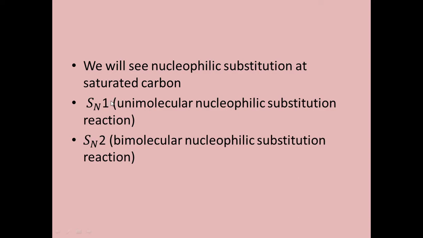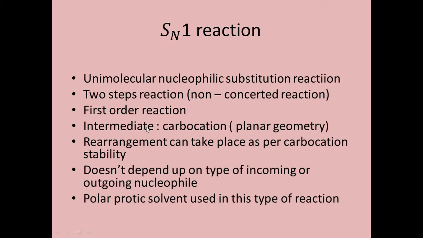SN1 is nothing but unimolecular nucleophilic substitution reaction, and SN2 is nothing but bimolecular nucleophilic substitution reaction. For the SN1 reaction, there are some points we need to remember, and after remembering these points, if you perform a reaction, easily you can remember, right? So let's start.